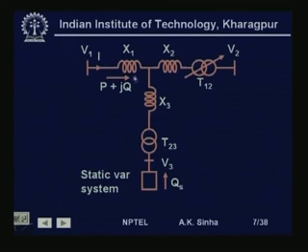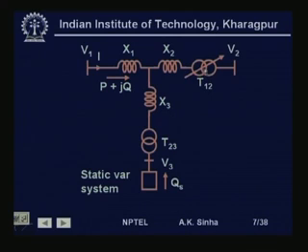So, it is the reactance of the transmission line plus the reactance of the primary side of the transformer winding. X2 is the reactance of the secondary side of the transformer winding, and X3 is the reactance of the tertiary winding. And we have this as the transformation ratio, the transformer is shown here.